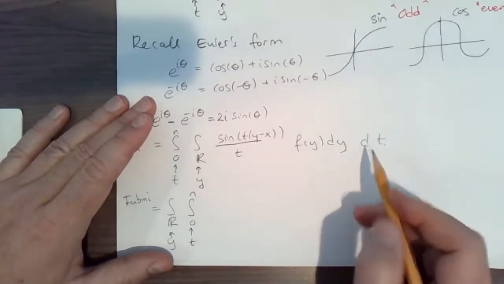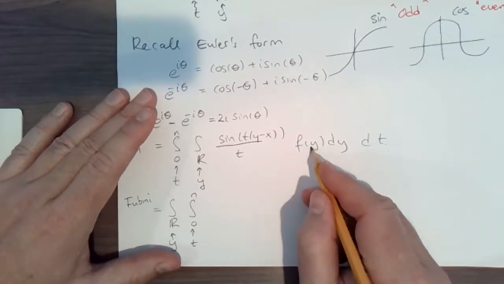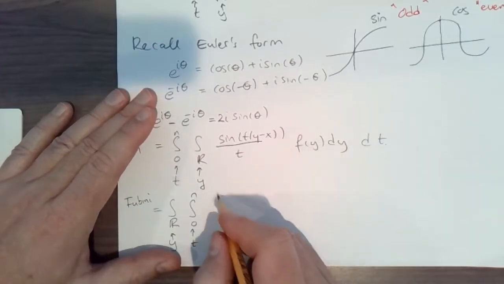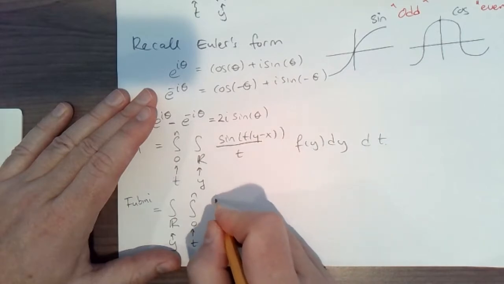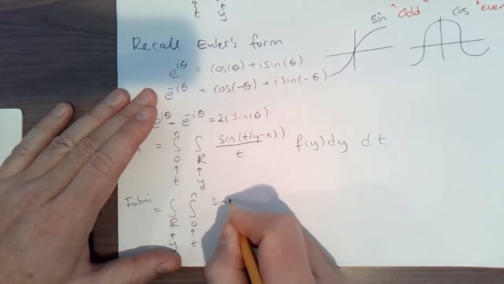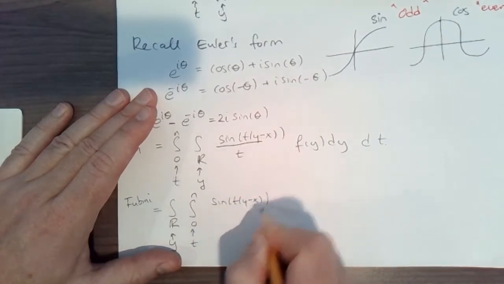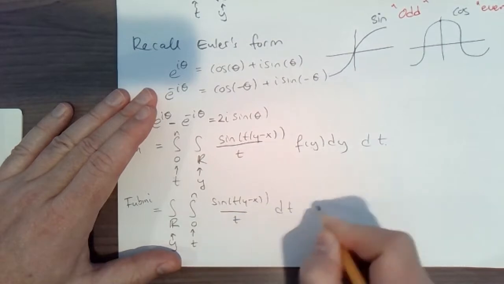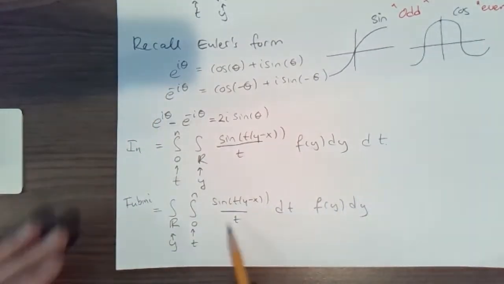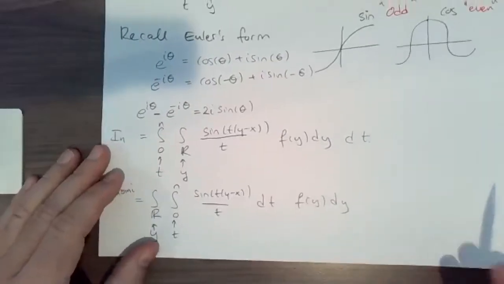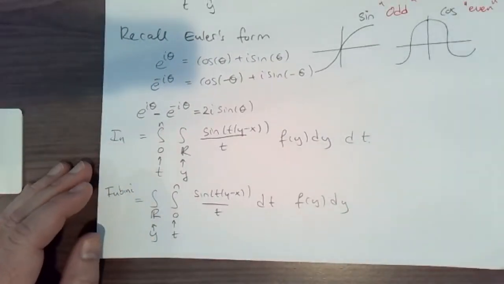So the dt comes inside. y doesn't have anything to do with t, so I need to integrate this object with respect to t: sine of t(y minus x) divided by t dt, times f of y dy. That's where we see the thing that we've been working on at the beginning of the class.